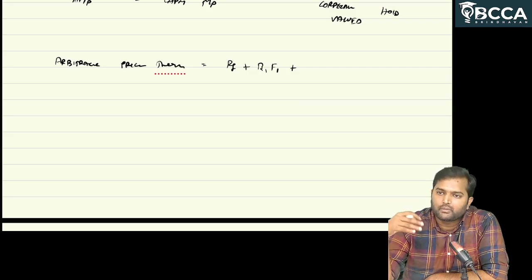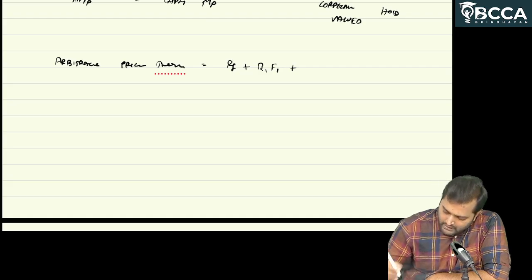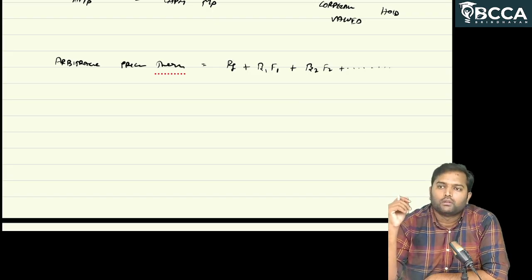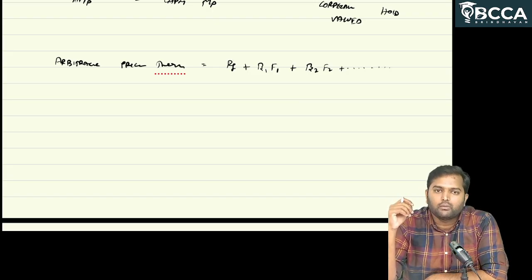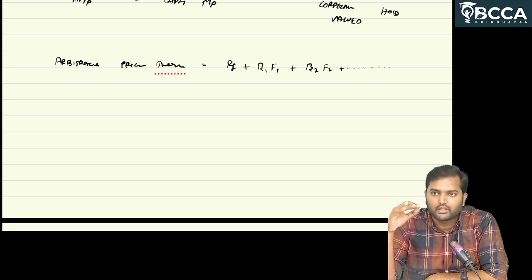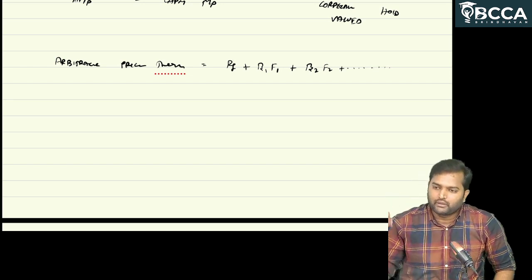So RF plus beta 1 F1 plus beta 2 F2 and so on. We consider a premium for every factor which is going to affect our security return under arbitrage pricing theory.